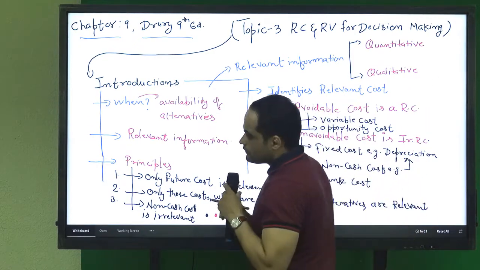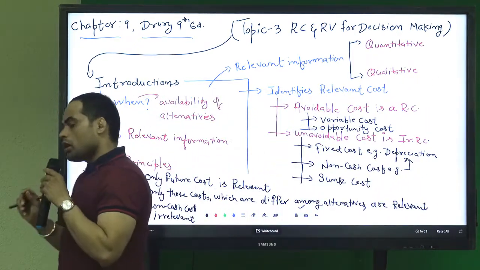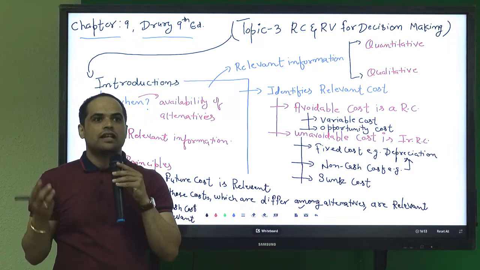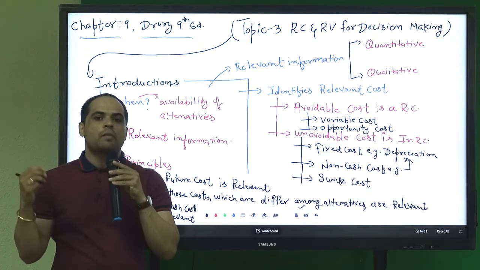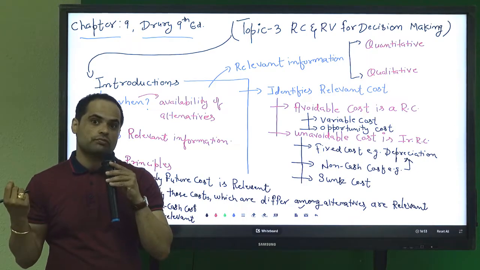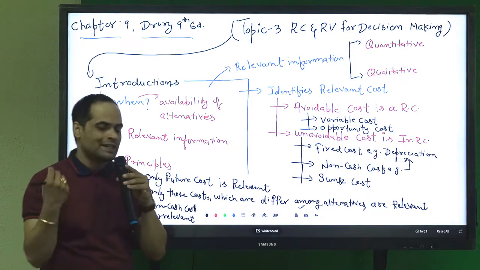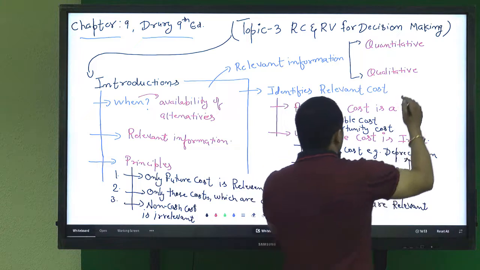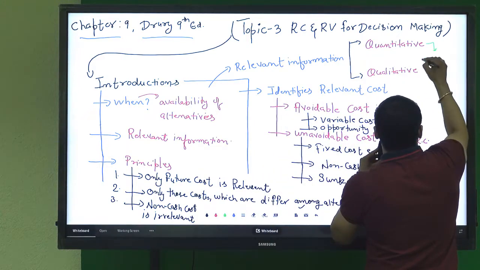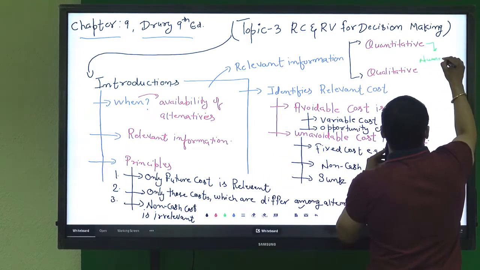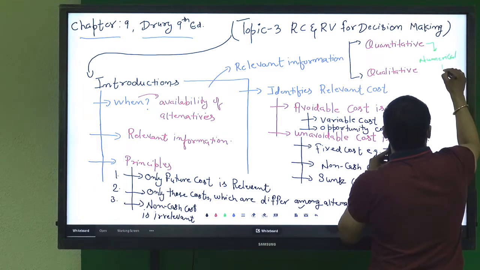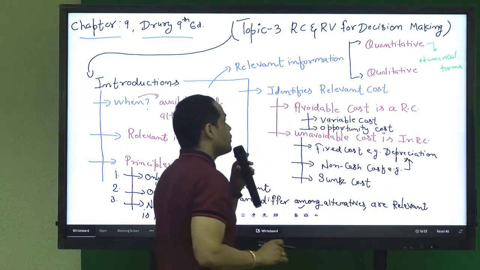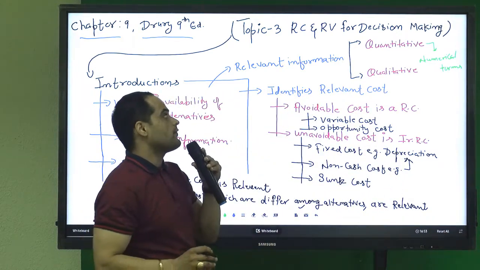All right? Quantitative information is the information that is available in numerical terms, in numbers. This is called quantitative information. The information which is available in numerical terms, that's called the quantitative information.